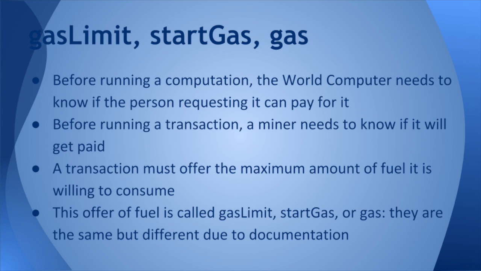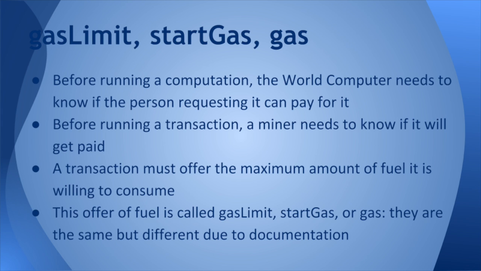Before running a transaction, a miner needs to know if it will get paid. So a transaction must offer the maximum amount of fuel it is willing to consume. This offer of fuel is called gasLimit, startGas, or gas.